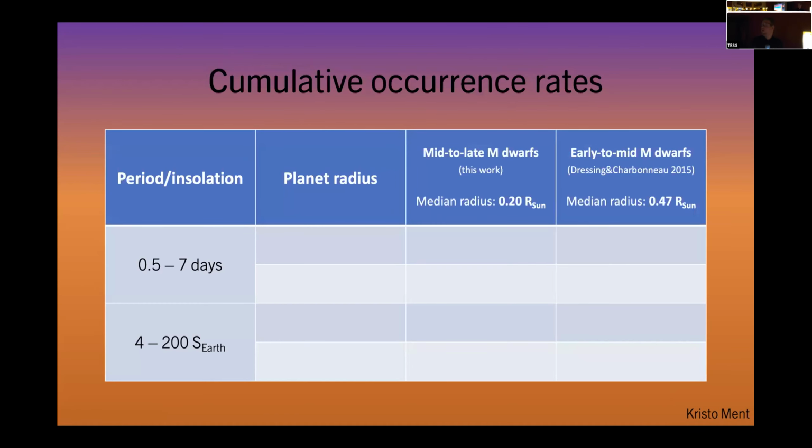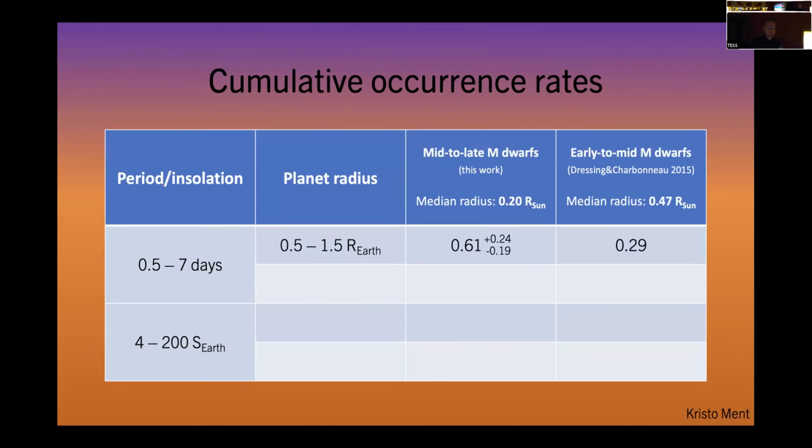What I would like to do now is to compare this work to a previous very well done study by Dressing and Charbonneau in 2015, which focused on early dwarfs from the Kepler mission. And there are some very interesting differences that emerge.